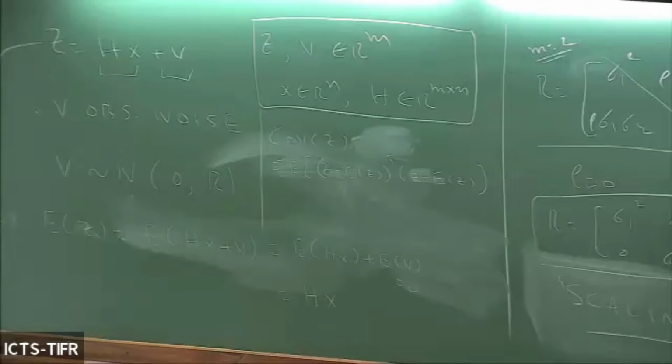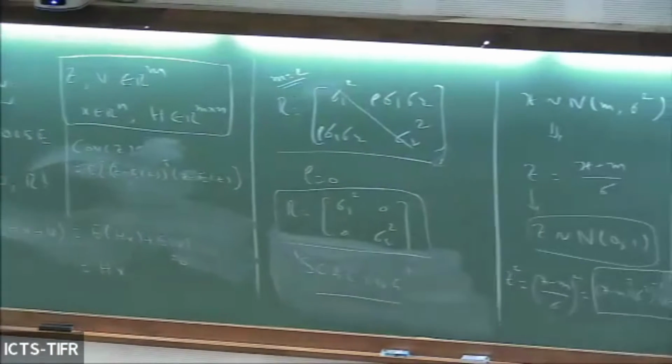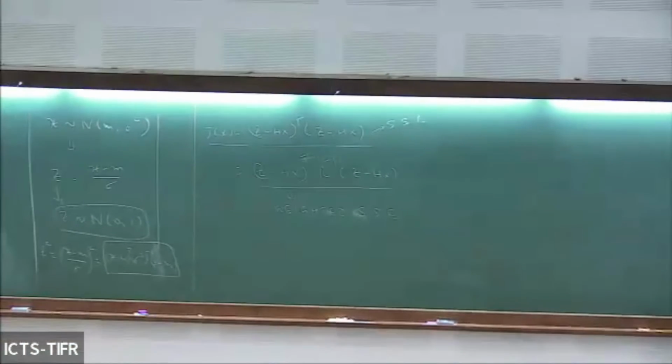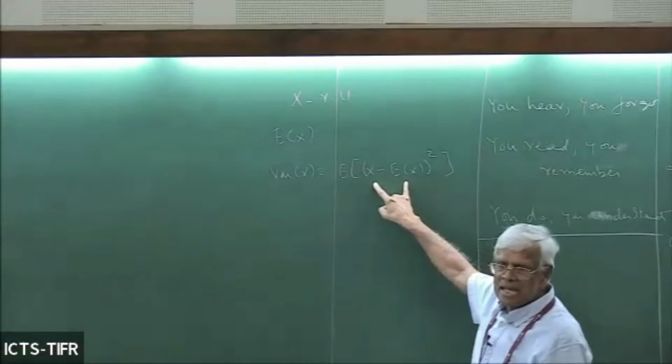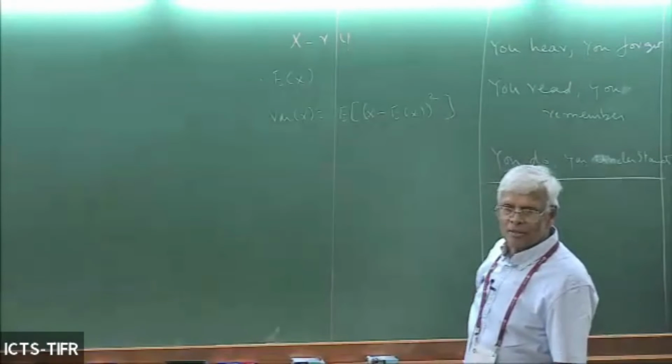What is the definition of a variance? Let x be a random variable. This is called the mean. What is the formula for the variance of x? It is equal to E of x minus E of x, whole square. You subtract the mean, square it, and find the expected value.